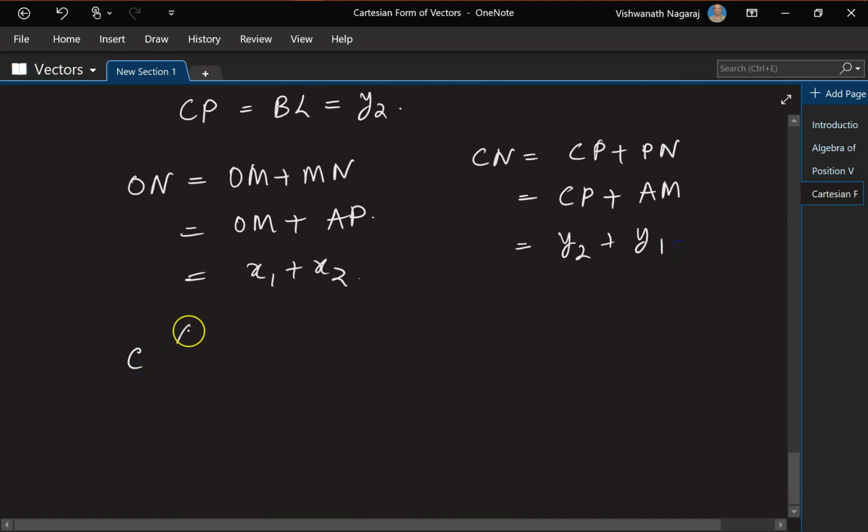So C coordinates would be ON, CN. So C is X1 plus X2, Y2 plus, or we can write it Y1 plus Y2.